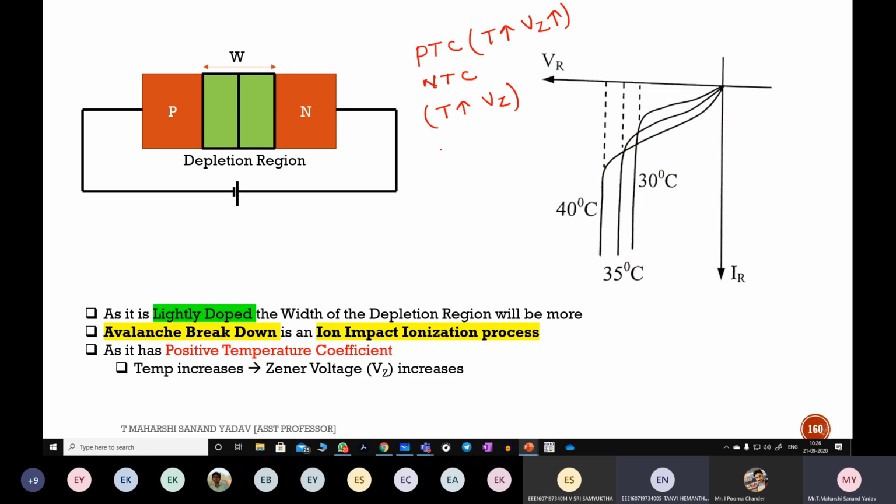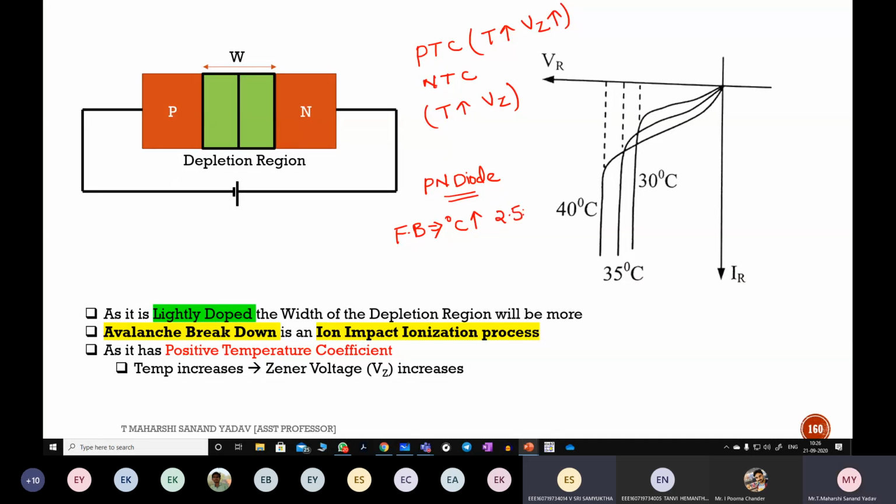All right. And can you explain the same characteristics for a PN diode? For a PN diode in forward bias, the characteristics shift left for every 2.5 degrees centigrade.